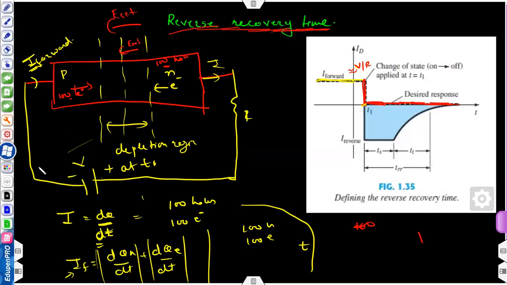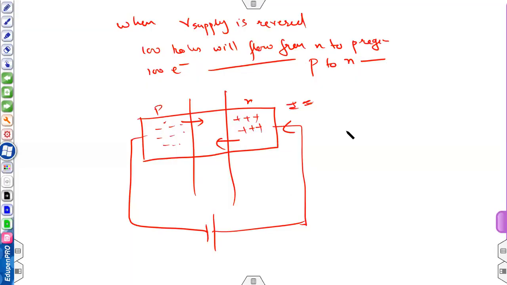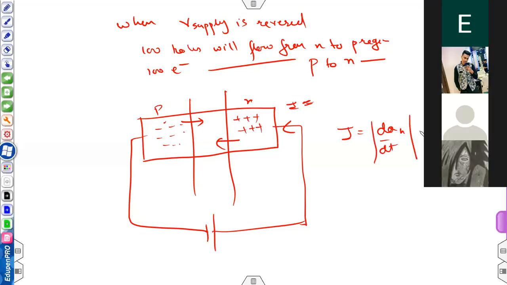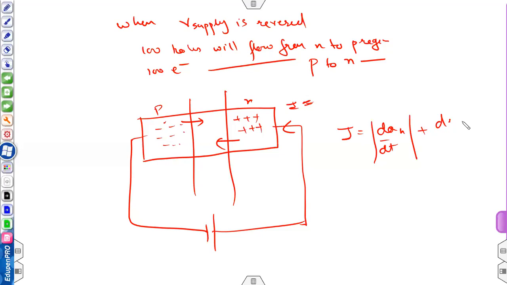I forward was defined as dq by dt, where this q is 100 holes and 100 electrons. When they travel in the reverse direction, again the current will be dq_h by dt plus dq_e by dt. But since they are now moving in the reverse direction, I can put a minus sign here.